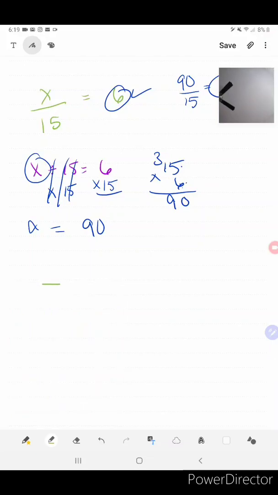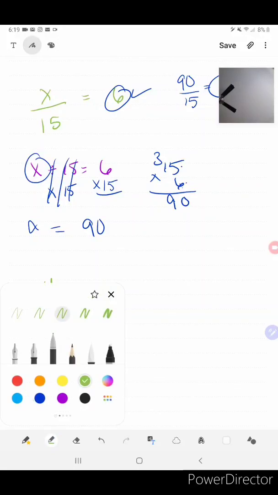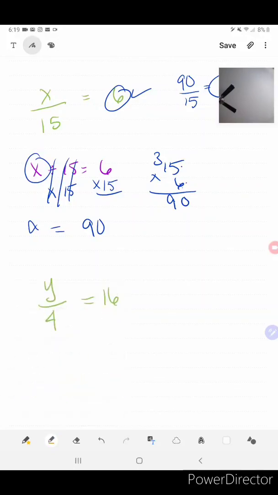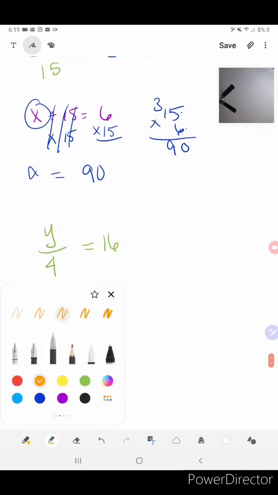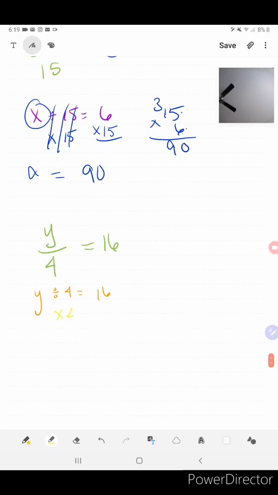And last one, y over 4 equals 16. So this is y divided by 4 equals 16. The opposite of our sign is times 4. So times 4 on both sides. Cancel out this one.